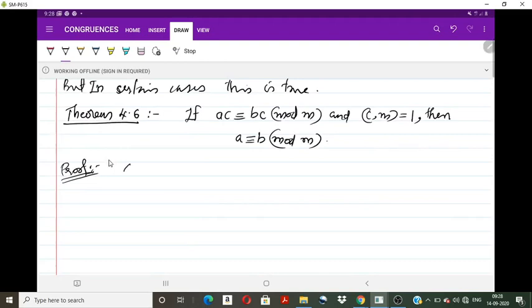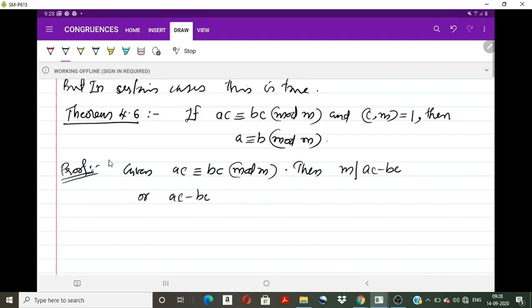Now we need to prove this result. Given that AC is congruent to BC modulo M, then by the definition of congruences, we have M divides AC minus BC, that is M divides C into A minus B. So now we have M divides C into A minus B, and GCD of C comma M equal to 1.